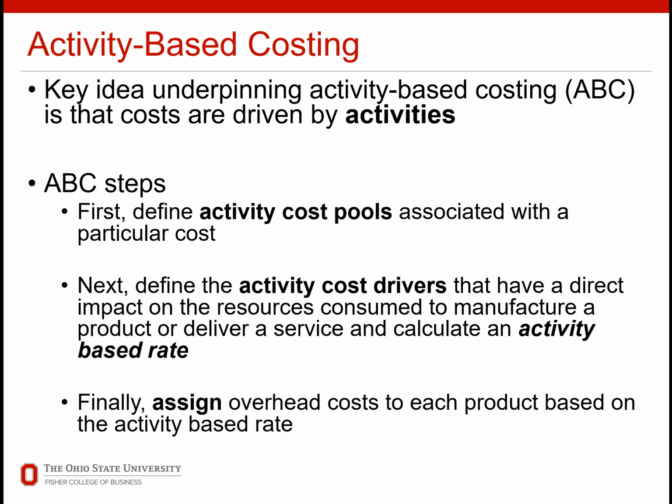If that's heat, lighting, internet access, etc., that would be an activity cost pool, and we would assign it to the multiple products or services that we produce. That's just an example of assigning manufacturing overhead on the basis of activity rather than on one giant predetermined manufacturing overhead rate.